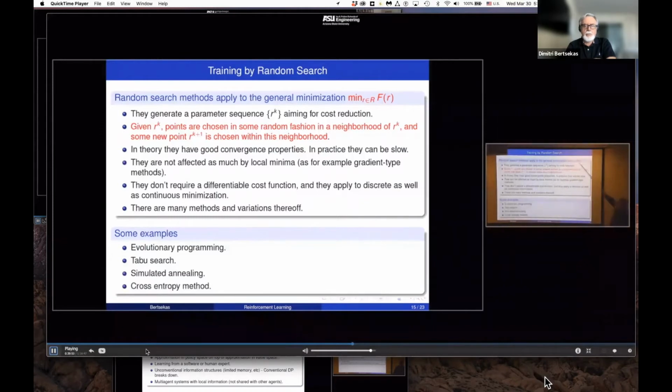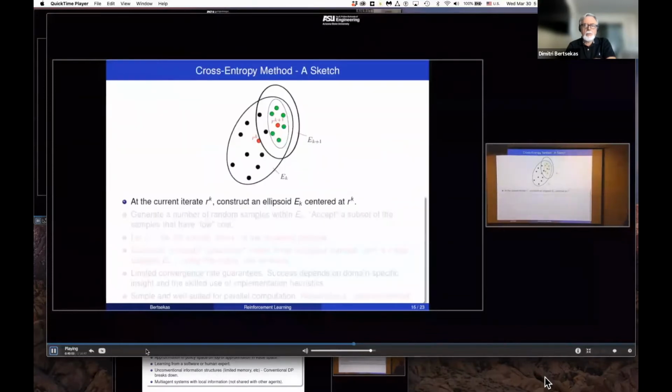Okay, remember that we want to solve this generic problem. And we don't care if it comes from dynamic programming or not. This is generic. And here is how cross-entropy works. Remember, like all random search methods, it generates a sequence of iterates, right? Rk, and then Rk plus 1, Rk plus 2, and so on.